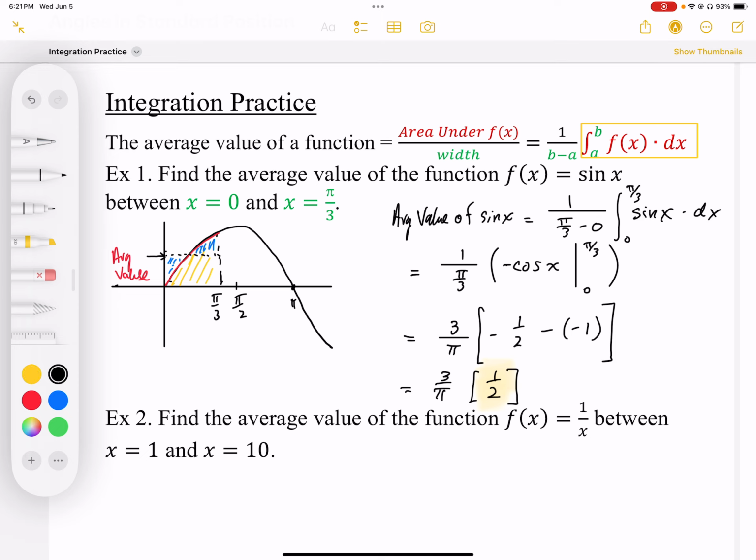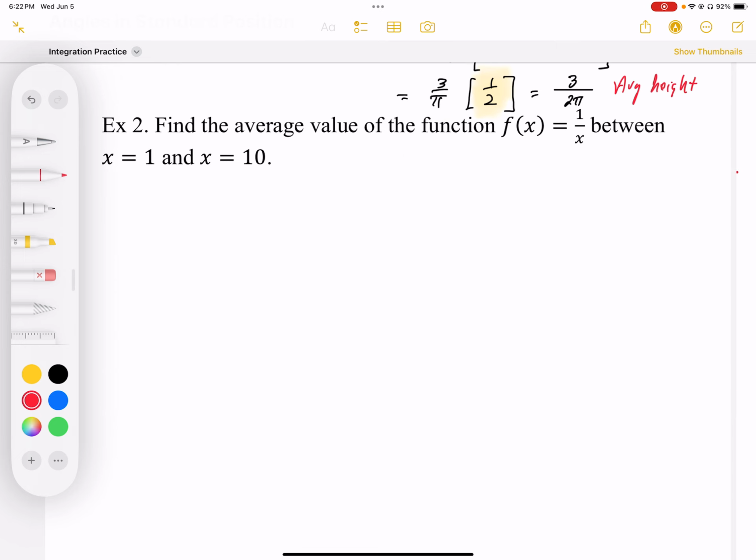But to find the average value, we multiply it by 3 over pi. So this works out to be 3 over 2 pi. That represents the average height of the graph, or in other words, the average value.